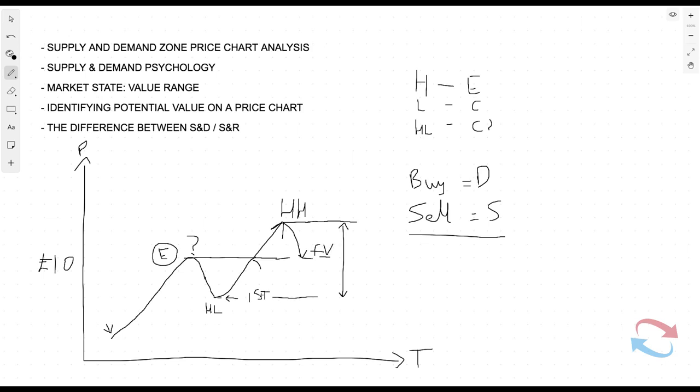The best place you really want to be buying, and the cheapest, would be at higher lows. And this is really the key to understanding supply and demand, and the psychology behind supply and demand level and zone trading, and identifying potential value.